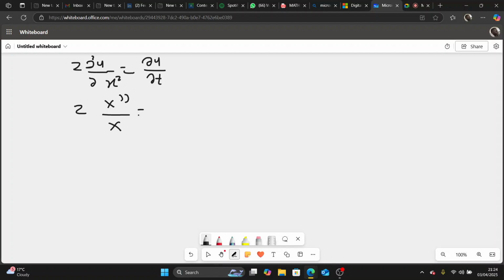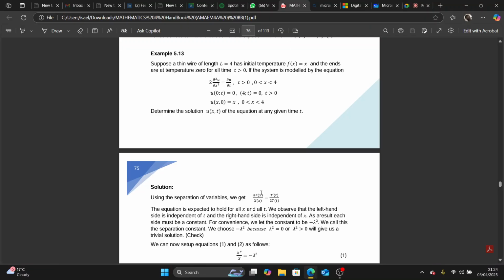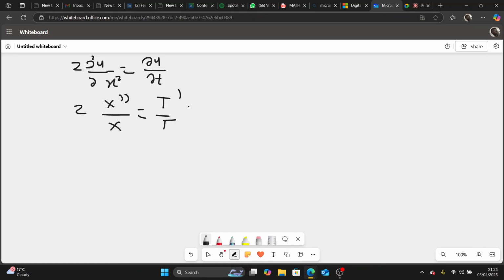Now, to be equal to, on this side, because it is the derivative with respect to t, you'll be having T prime over T. They simply set X second over X to be equal to T prime over T. This is the method, manager. This is how we go about it. First thing, you write it like this.